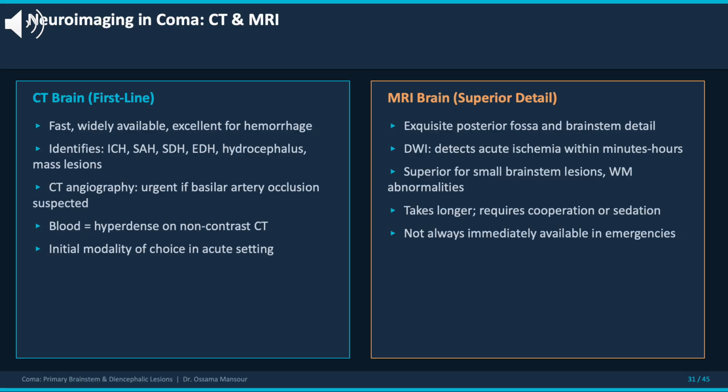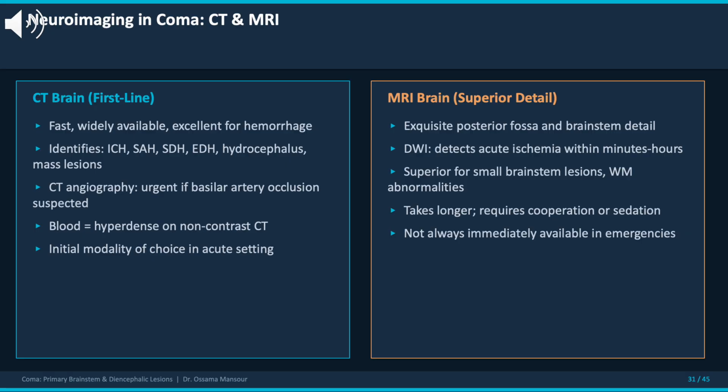Magnetic resonance imaging provides exquisite anatomical detail and is superior to CT for evaluating the posterior fossa, brainstem, and small lesions. Diffusion-weighted imaging is particularly valuable for identifying acute ischemic strokes within minutes to hours of onset, long before they become visible on CT.